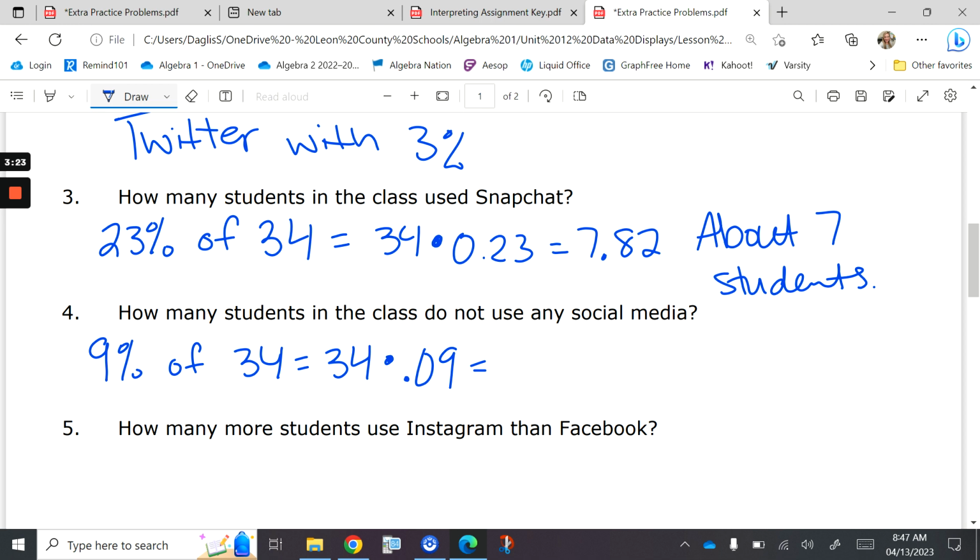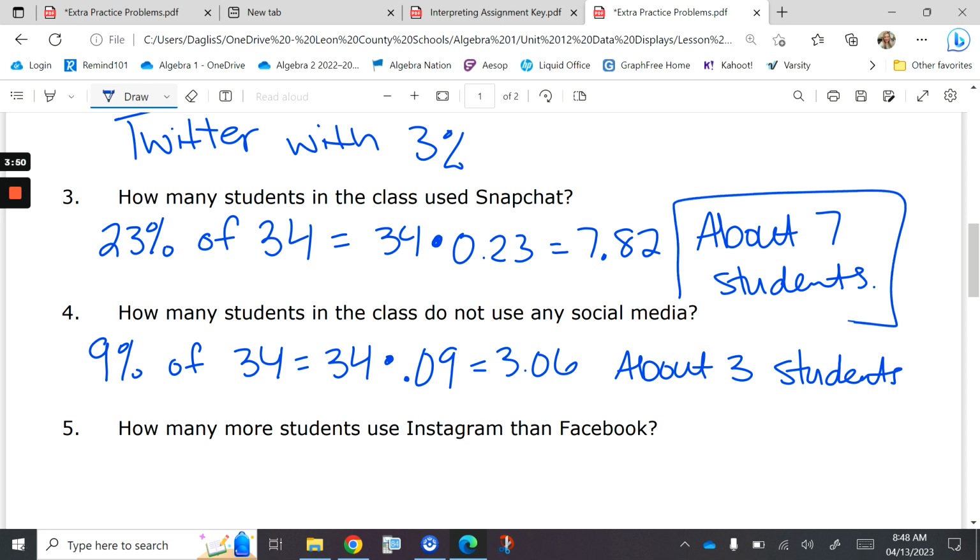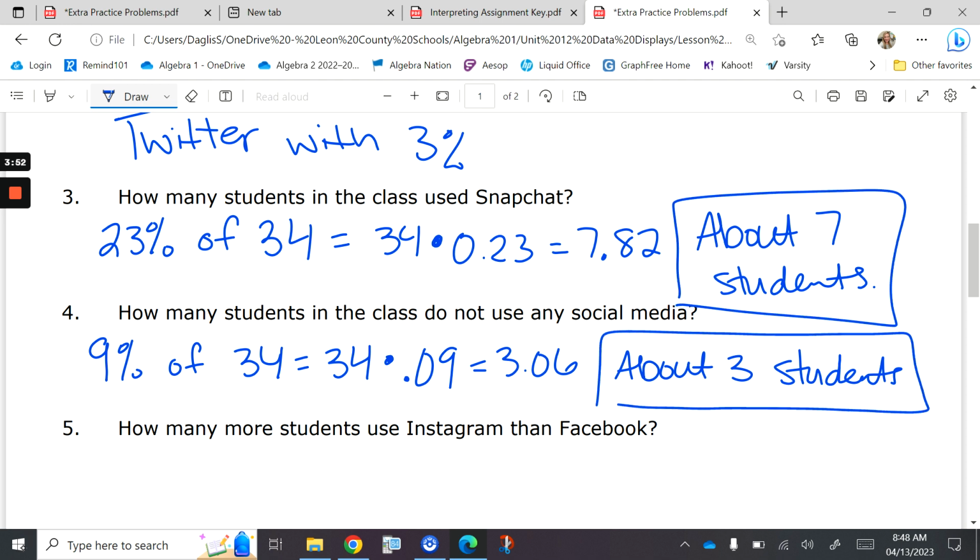What did y'all get? 3.06. Thank you. So how am I going to answer the question? That's all the work. About 3 students. Okay, word problems do get word answers. So make sure you do answer their question.